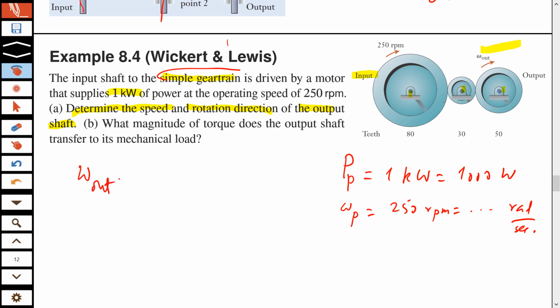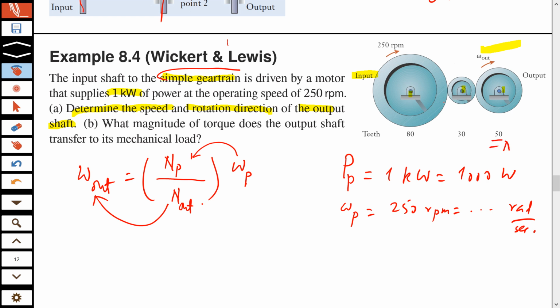So omega out is equal to omega p, and the ratio here is that this number of teeth must match p, so it is N_P, and this one must match that. This is only true for angular speeds. For torques, it's the opposite. N out is 50. So you just plug these values and you get your omega out.